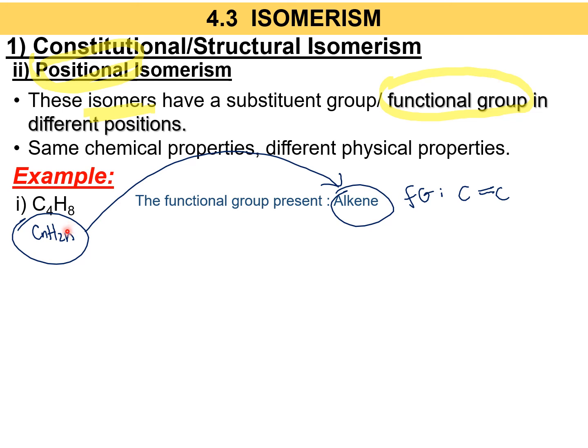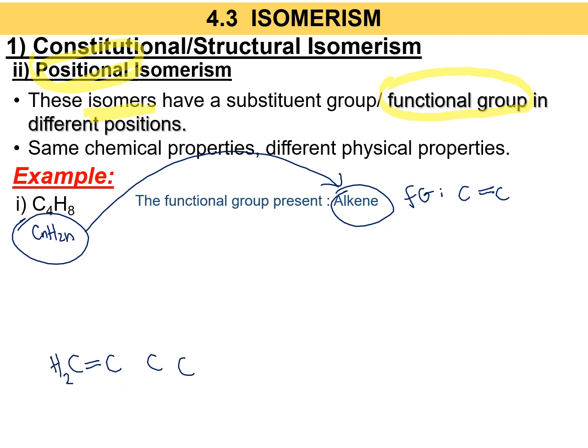First thing first, you need to figure out its structural formula. So you first make the structural formula for C4H8. For example, I will draw the first structural formula of C4H8 where I draw 4 carbon atoms first. Then I put the double bond at the first carbon. Then I complete the hydrogen atoms. I know that a carbon atom can only have a maximum of 4 covalent bonds, so here there must be 2 hydrogens.